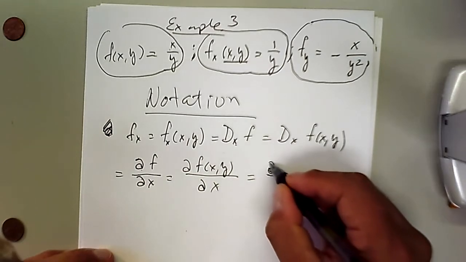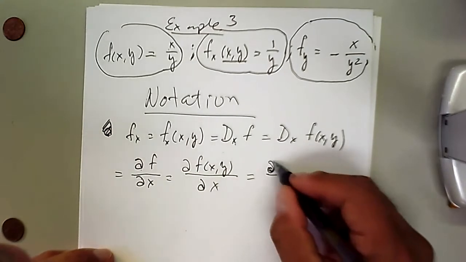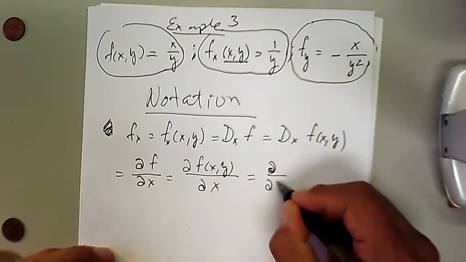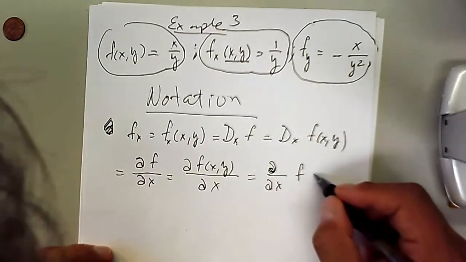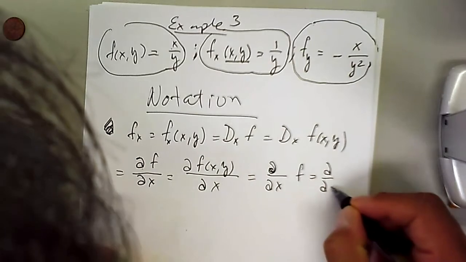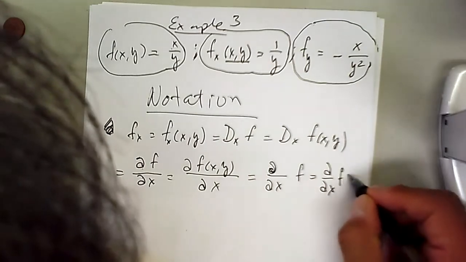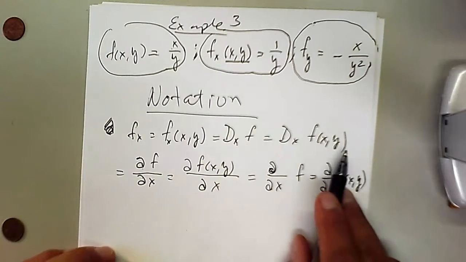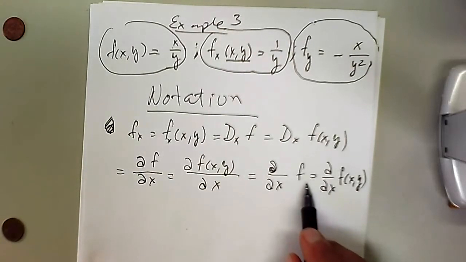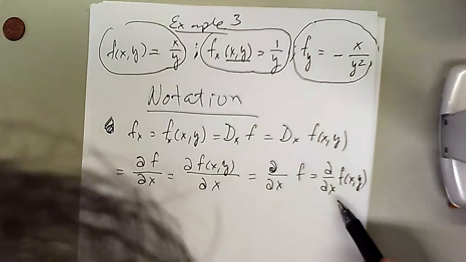So this is again that D with the bent stick. You can put the f in front, f of x, y. So there are a few different ways to write the partial derivative of a function f with respect to x.